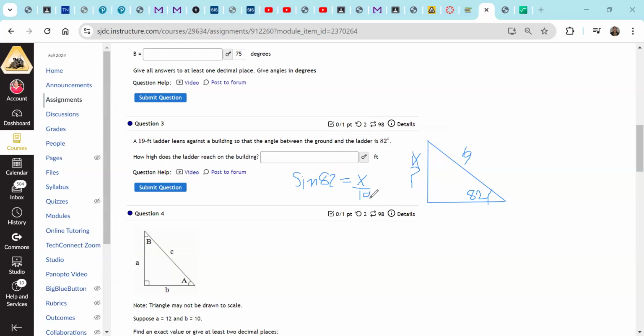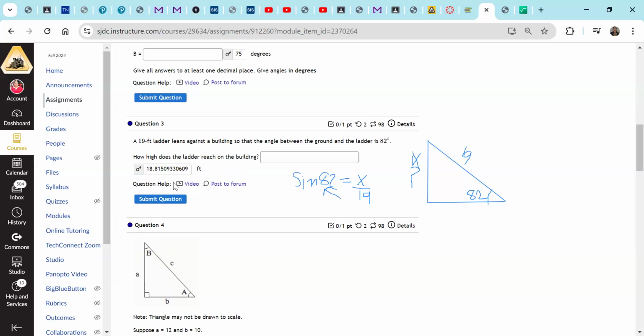So that unknown X will be 19 times sine 82. Go ahead, calculate that on the calculator and let me know if you end up calculating 18.81. 19 times sine 82 on the calculator. Okay, perfect.